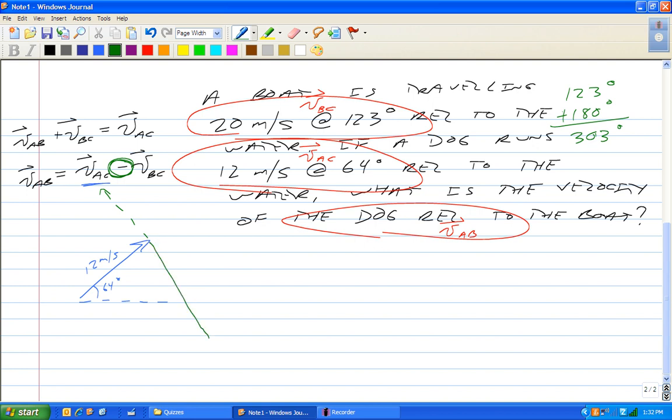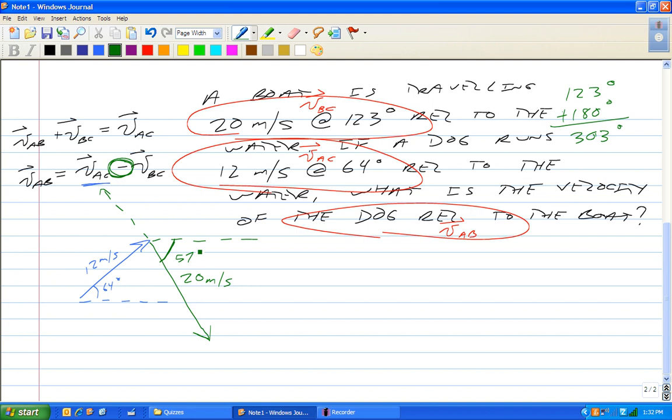And so I'm going to draw this about like that. Almost double the other vector. 20 meters per second at 303 degrees. And again, I'm going to draw a horizontal, just for reference. What's that angle right there going to be? That's 57.